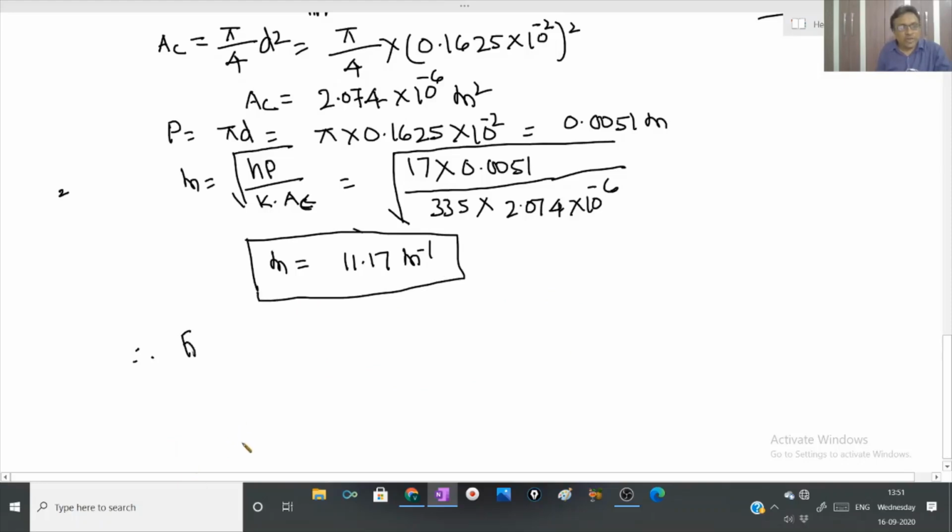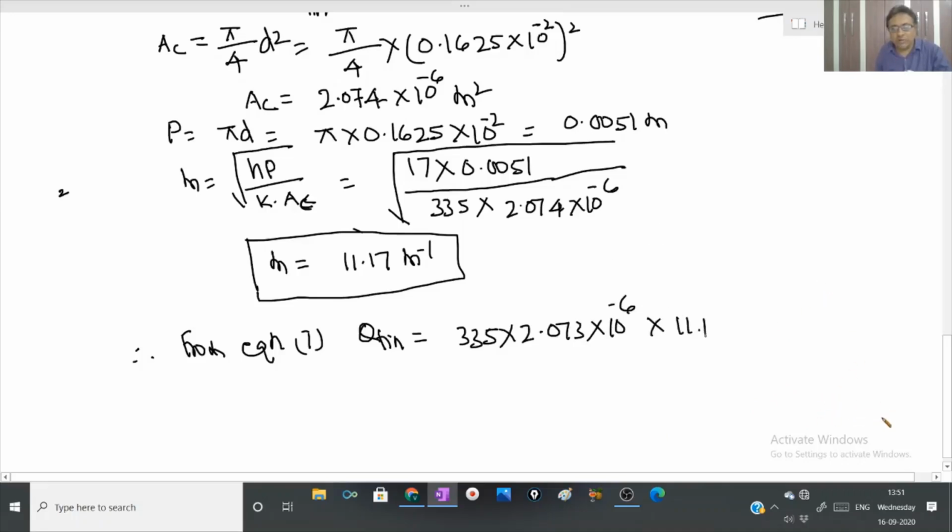Therefore, from equation 1, the rate of heat transfer by fin will be equal to, the value of k is 335 into 2.074 into 10 to power minus 6 meter square. The m value is 11.17. The value of Ts, that is the solder surface temperature, is 195 and T infinity is 24.